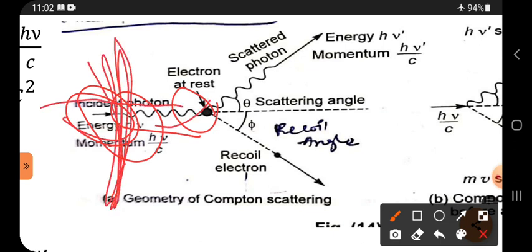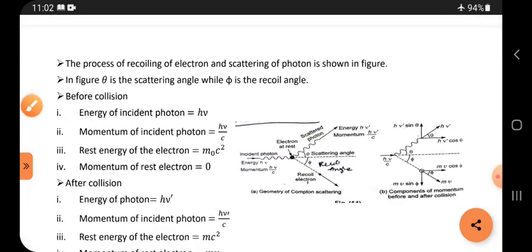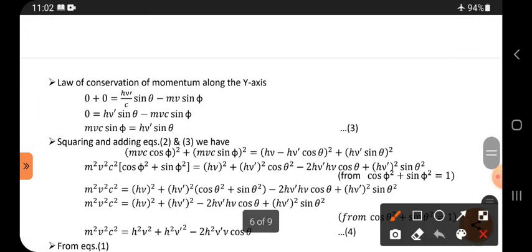So both values are 0 for the electron as well as for the photon. It is for electron and photon after collision.